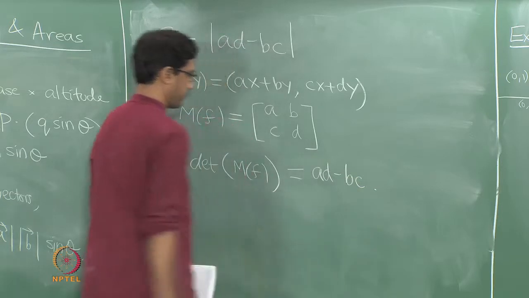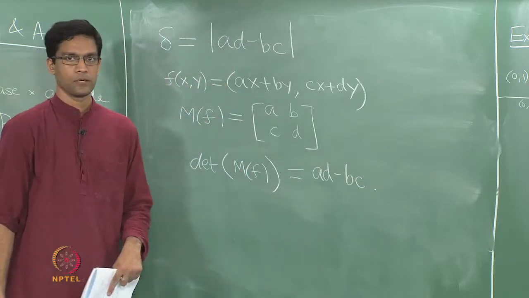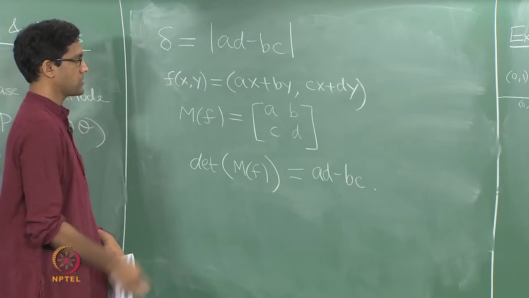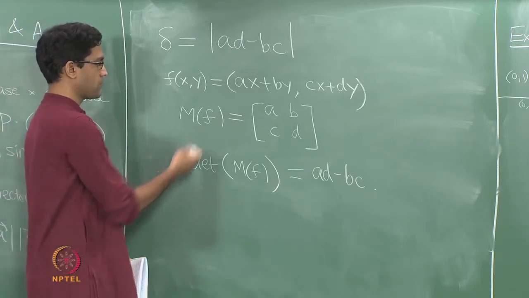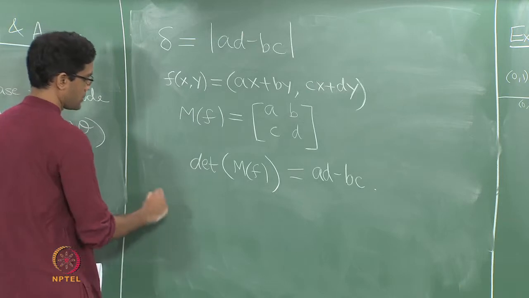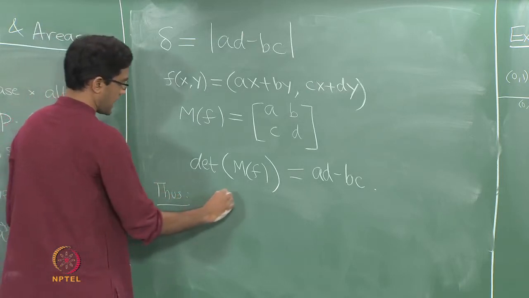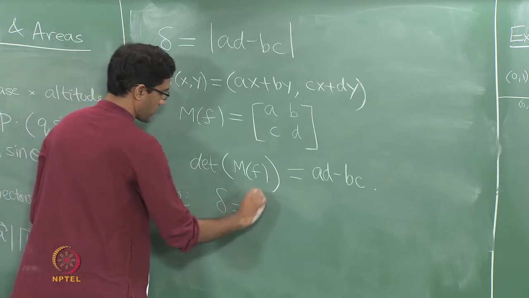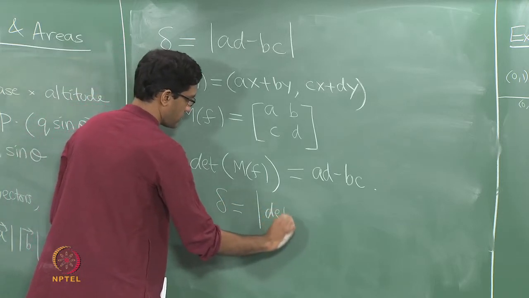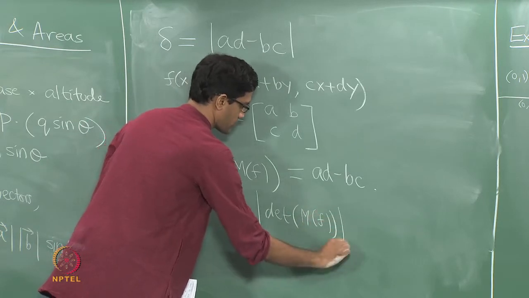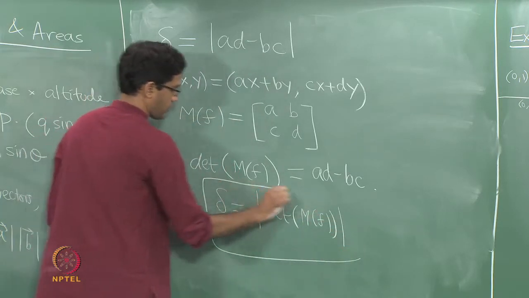Okay. So what this means is that the scaling factor has a natural interpretation in terms of the matrix of the linear transformation. So thus we conclude that the scaling factor delta is nothing but the absolute value of the determinant of the matrix of the linear transformation. This is the final conclusion.